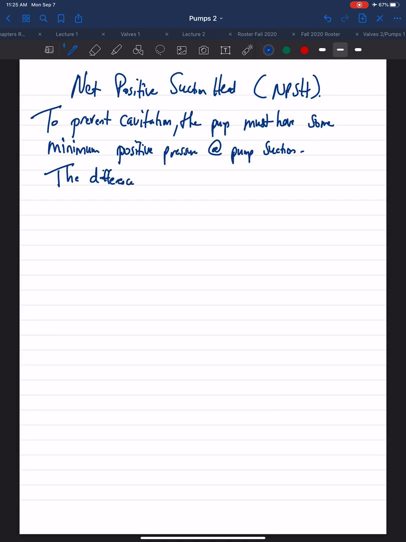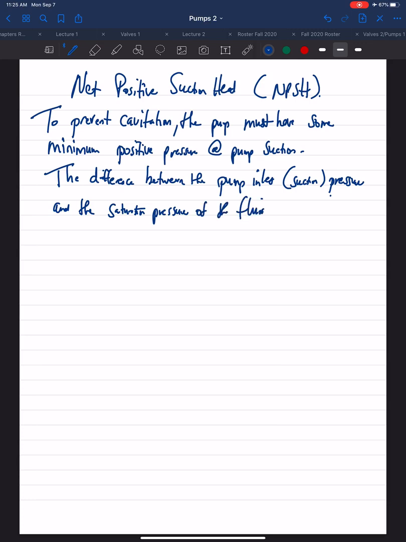The difference between the pump inlet or suction pressure and the saturation pressure of the fluid being pumped is called the available net positive suction head.